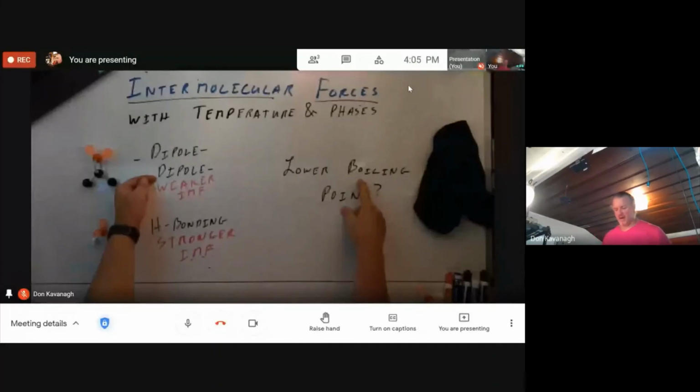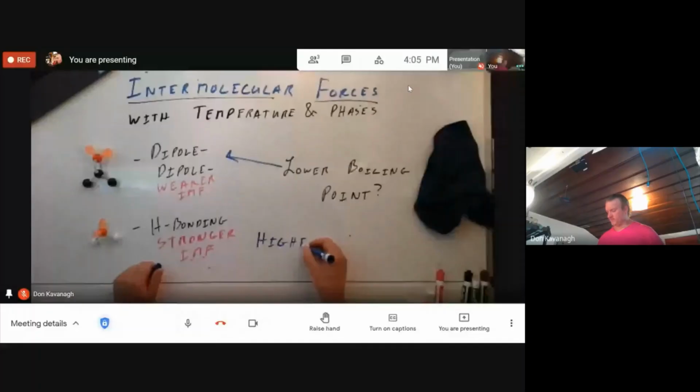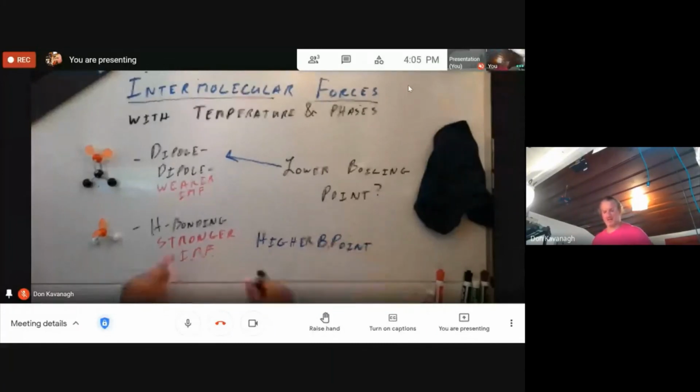The higher or stronger intermolecular force will have a higher boiling point. This one's going to have the lower boiling point. And that is based on an analysis of what intermolecular force is stronger when comparing these two here.